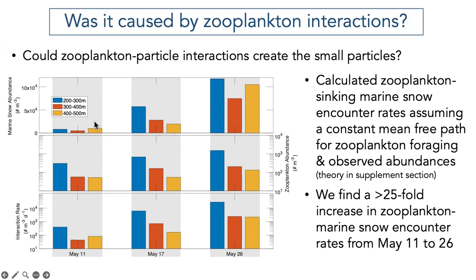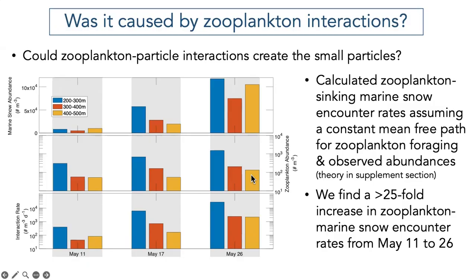And what we can see here is that the zooplankton numbers increased dramatically. This is a linear scale. I'm sorry, this is the marine snow abundance that increased dramatically here. The zooplankton abundance also increased, but not as much.